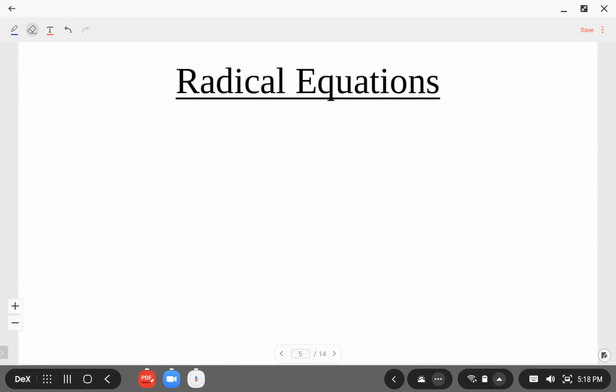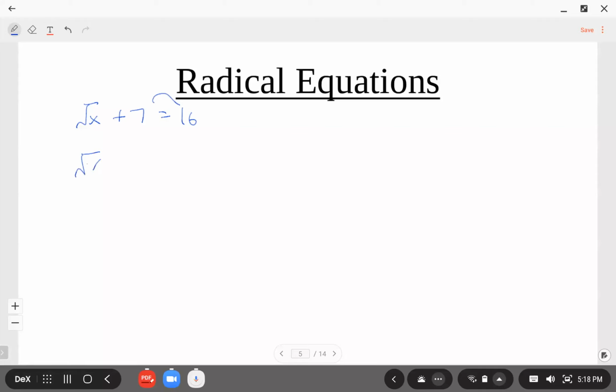Our first problem here is going to be square root of x plus 7 equals 16. Can anybody solve that? That is quite an easy one. First you need to isolate the radical. So let's move the numerals here.